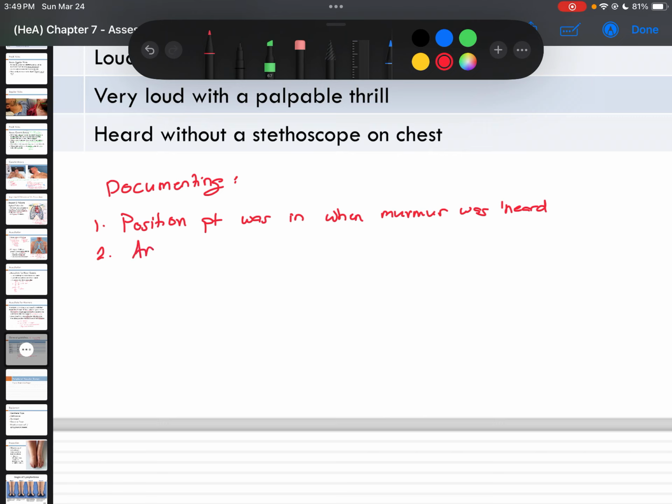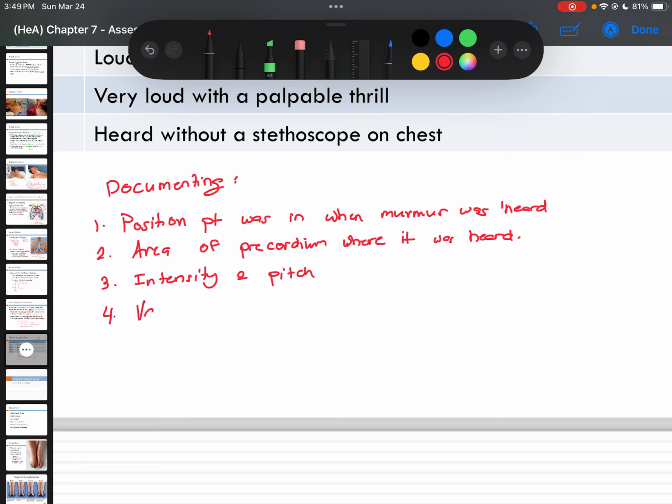Next is the area of the precordium where it was heard. Next is the intensity and pitch. When we say intensity, it is volume, either loud or soft, banging, booming, and when we say pitch, either high or low.